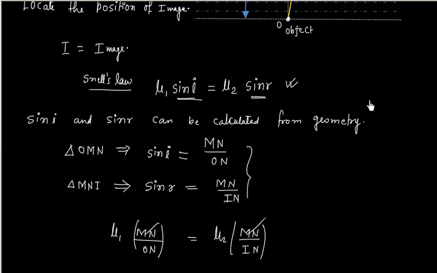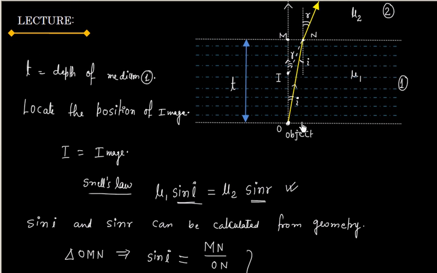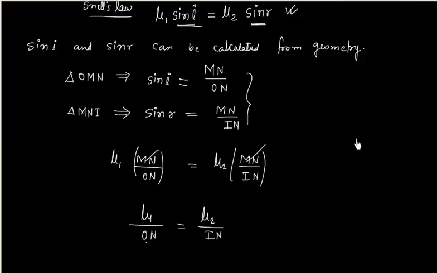Now we will use an approximation: the incident rays are paraxial, that is, the angle of incidence is very small, so I is close to 0.